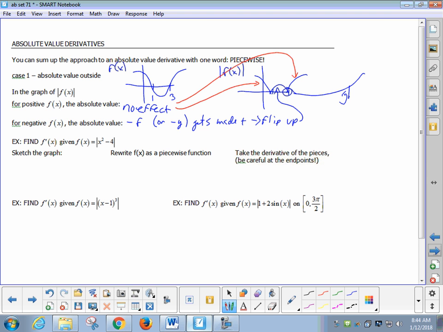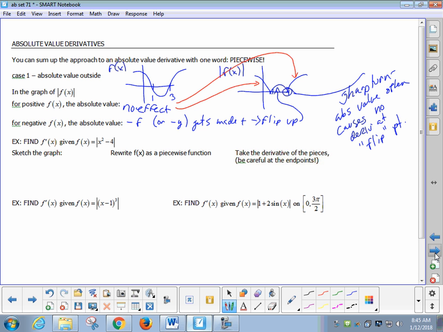So absolute value often causes no derivative at the flip point. You're going to often get a sharp turn all of a sudden with that absolute value, and the derivative won't exist there. So you'll have some critical numbers. Now that will make sense because those critical numbers are going to be absolute minimums, or absolute and relative minimums.